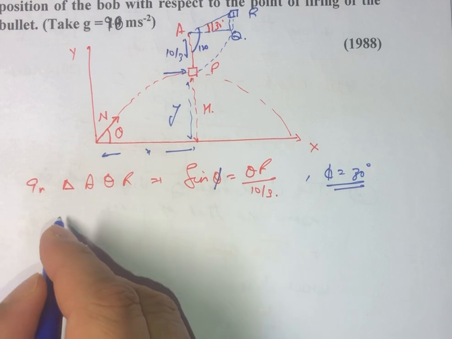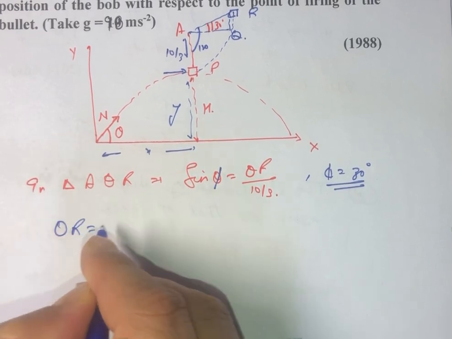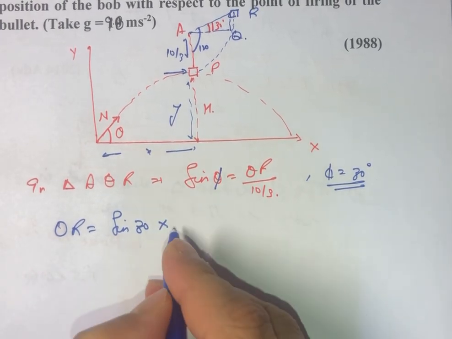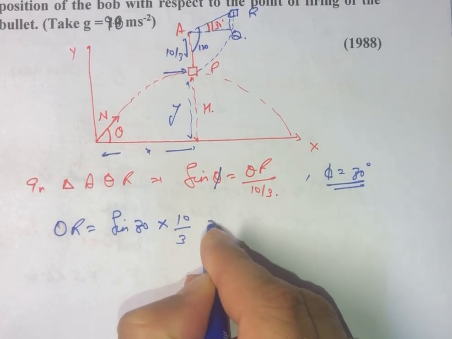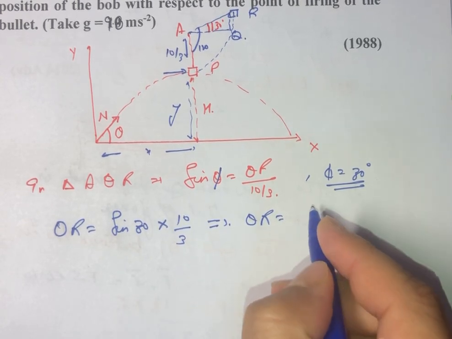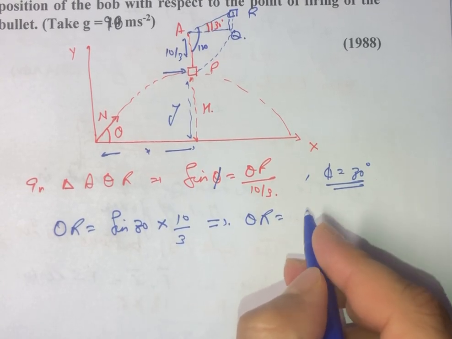So we can say our QR is equal to sine 30 multiplied by 10 by 3. So this gives us QR is equal to 5 by 3.